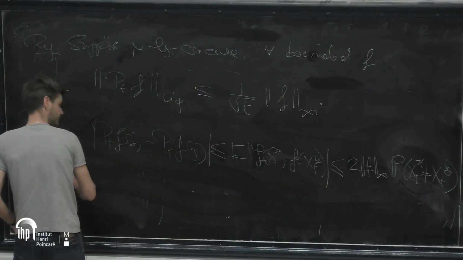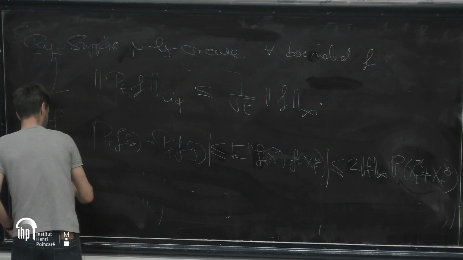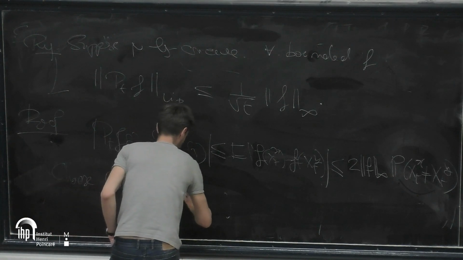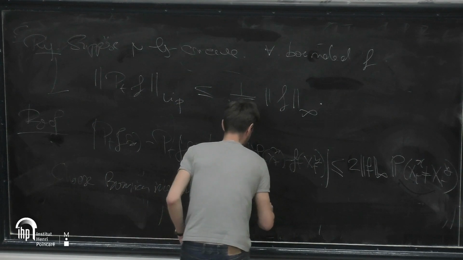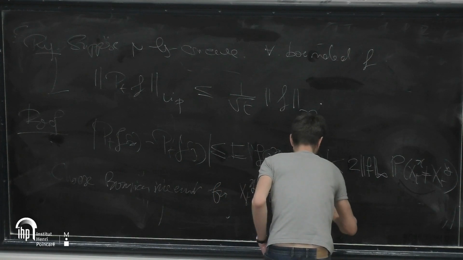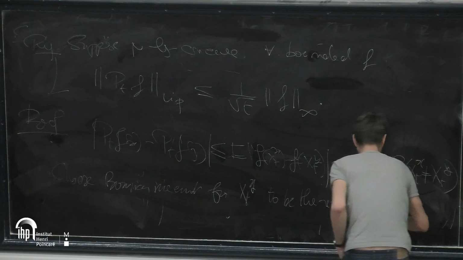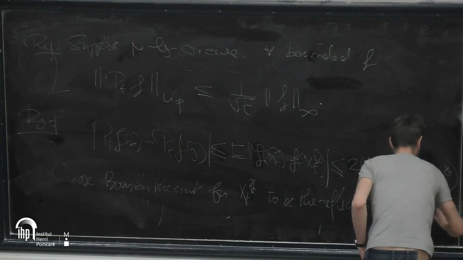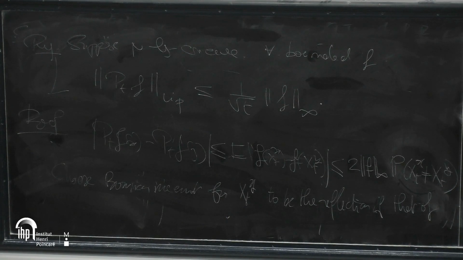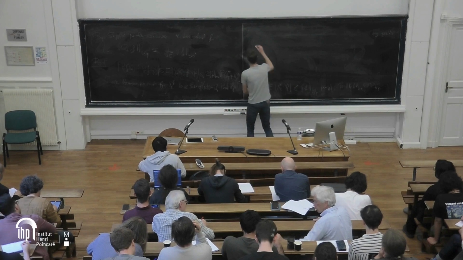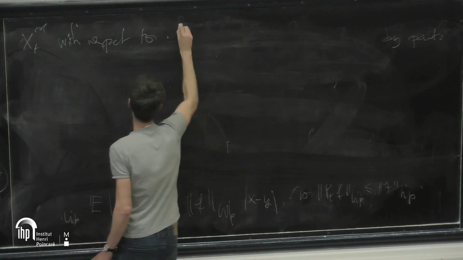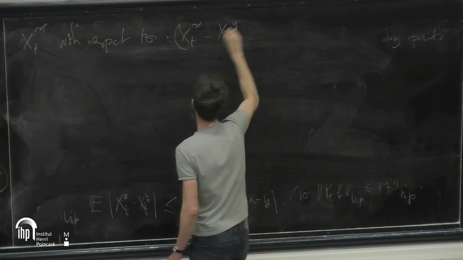So I will choose the Brownian increment for Xt^y to be the reflection of that of Xt^x with respect to the hyperplane perpendicular to Xt^x minus Xt^y.